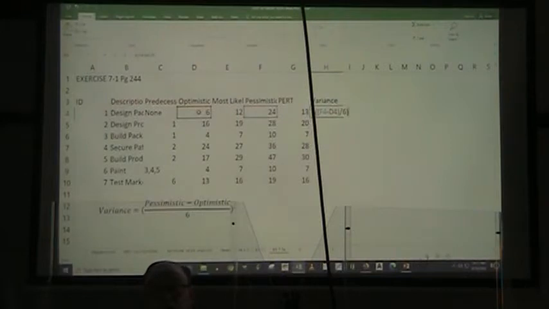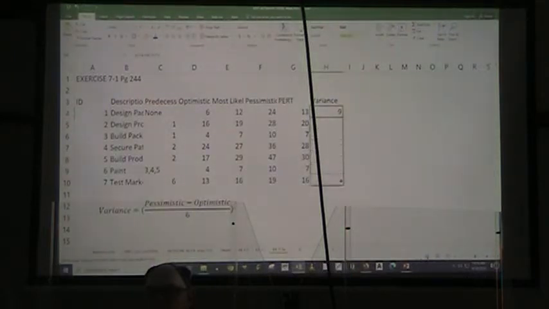Now I can go ahead and cheat by just putting caret, that is the sign that is right over the 6 on your keyboard, 2. And that gives me my variance. And I can get the rest of them just by pulling this down. All right, so now I have my variances.